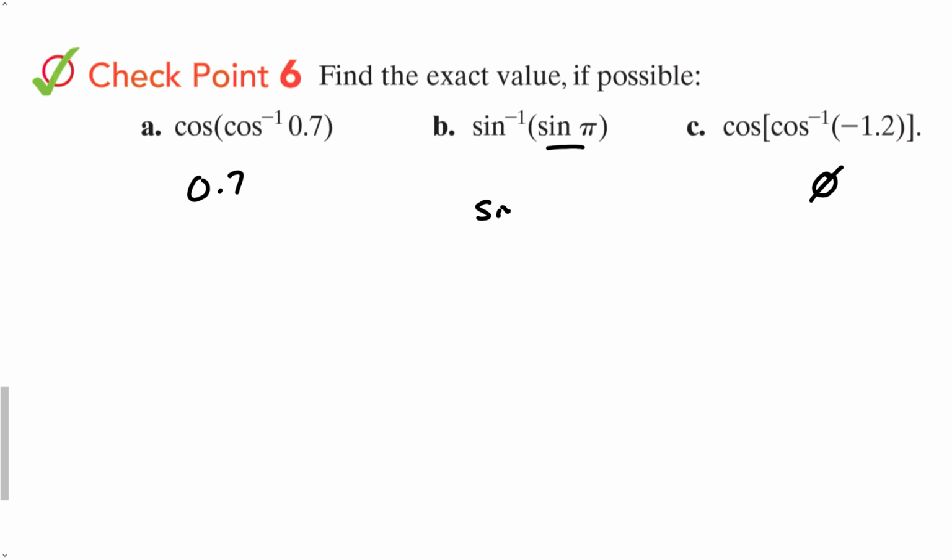So work this out. The sine of pi: pi is right there, and the y coordinate there is 0. So the sine of pi is 0, and the inverse sine of 0 is 0. So the answer to part B is 0.